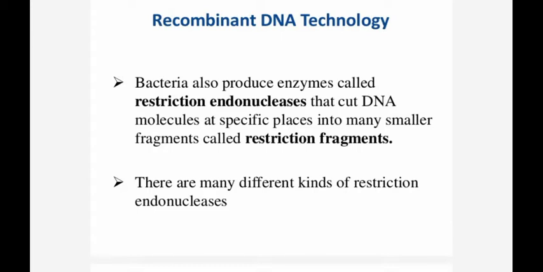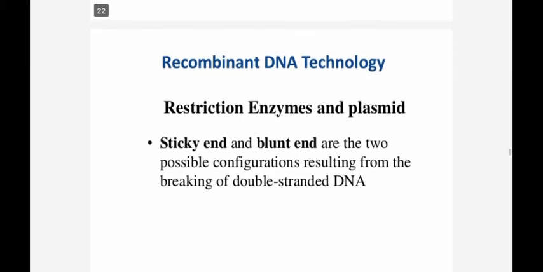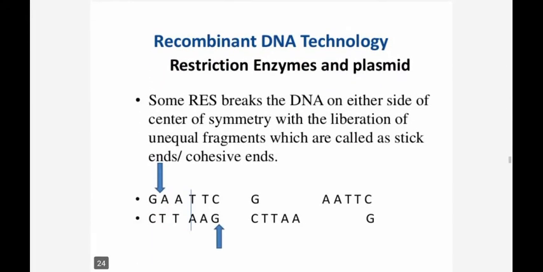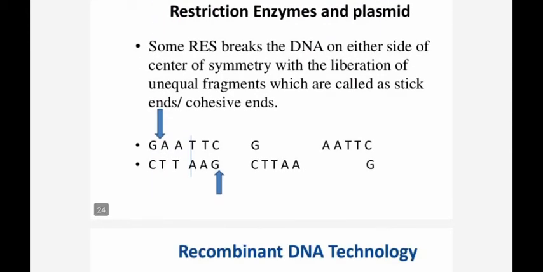Bacteria also produce the enzyme called restriction enzyme. Already I told you. Sticky ends or blunt ends are joined together. These are two possible configurations resulting from the breaking of double-stranded DNA. Some restriction endonucleases break the DNA on either side of the center of symmetry, liberating unequal fragments.